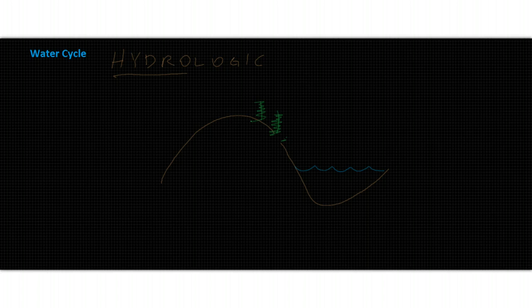Okay, now the first thing that I want to talk about is when water moves from a liquid state to a gas state. Now, the reason it would move from a liquid state to a gas state is because of this right here, right? The old sun. Let me put some rays around the sun. The sun is the energy that drives this cycle.